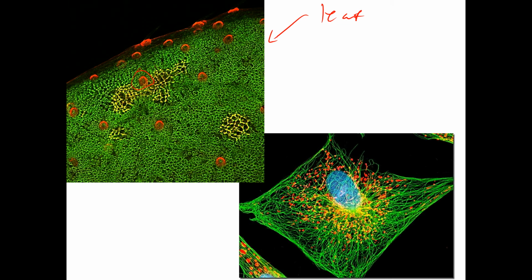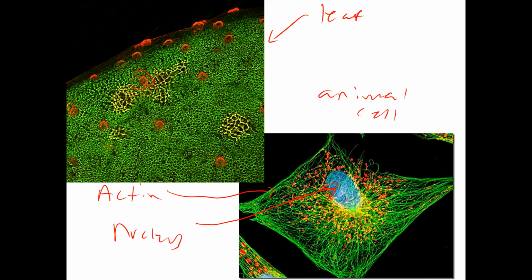Now here, in this other structure, you basically have some type of animal cell. And here, in blue, you have your nucleus. And in green, you basically have the actin, basically the skeleton of the cell, the framework of it.